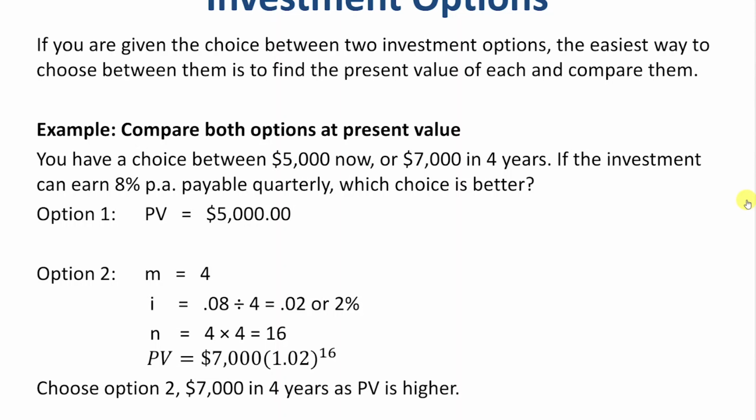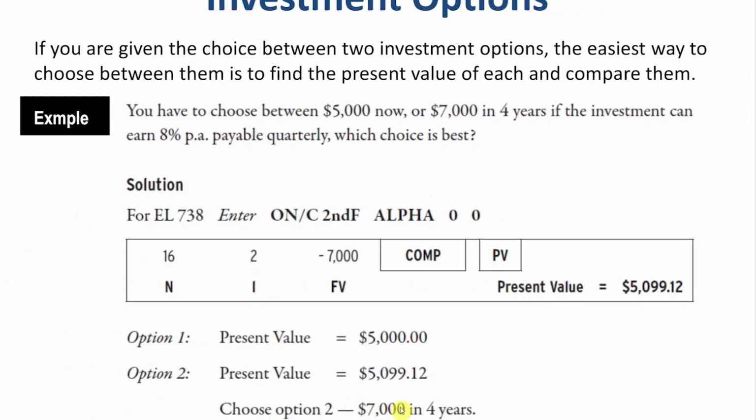Therefore your present value is $7,000 divided by 1.02 to the power of 16, and the answer for that is 5,099.12, so therefore you would choose option 2.